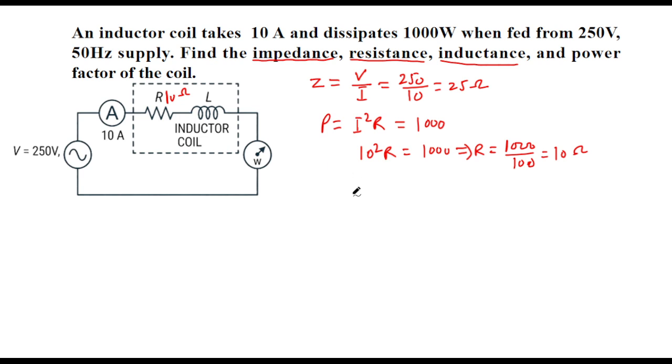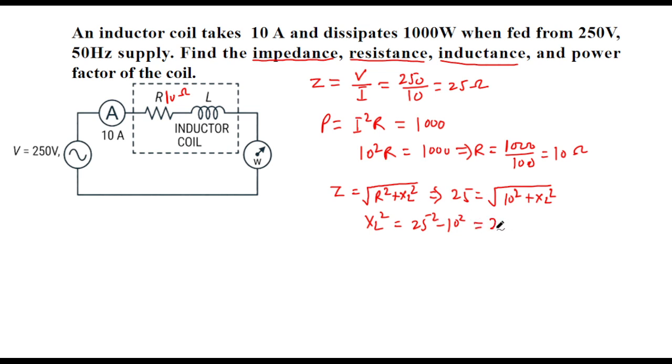The impedance in an RL circuit can be given by Z equal to the square root of R squared plus XL squared. So 25 is equal to the root of 10 squared plus XL squared, since we have calculated the value of R. Simplifying this, XL squared is equal to 25 squared minus 10 squared.